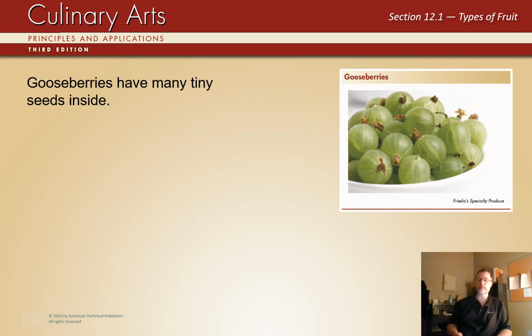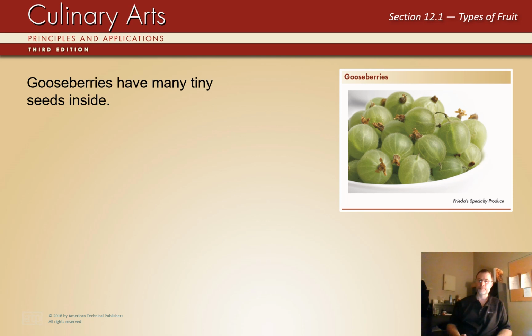So a lot of these things are preserved, and they're preserved in a few ways, certainly in jams and jellies, and then chutneys and other types of things where they're canned. So gooseberries are often canned or put in a jar, and that makes it possible for these things to last longer.